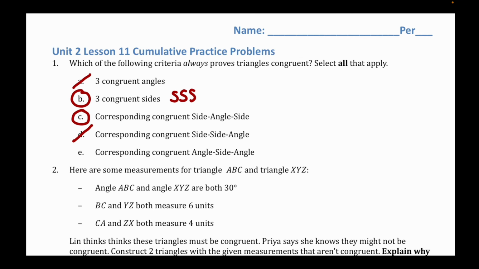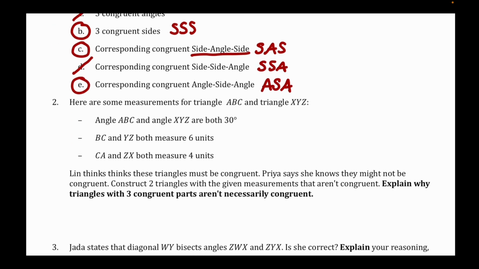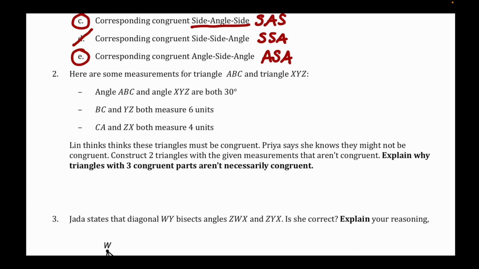And I know that they're including corresponding congruent, but we're really just looking like here at SAS. And this one would be SSA, and SSA does not always work. And then this one here, angle side angle side angle will always work. So you should have B, C, and E. Now, question 2, we have some measurements for triangle ABC and XYZ.